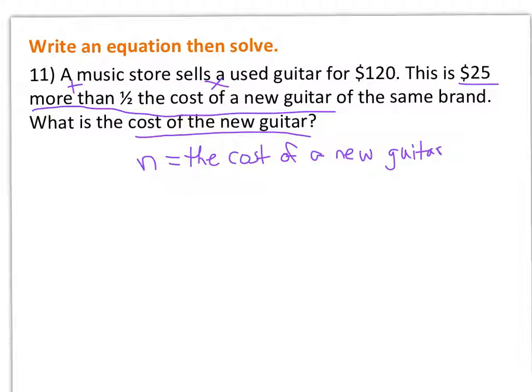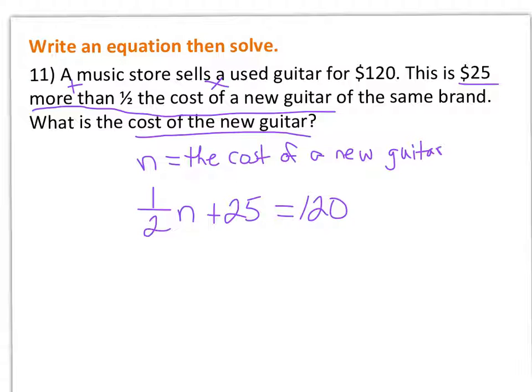Okay, and we know that 1/2 the cost of a new guitar, and we want to do more than $25, is going to be the cost of a used guitar, or $120. So that's our equation we're going to solve.